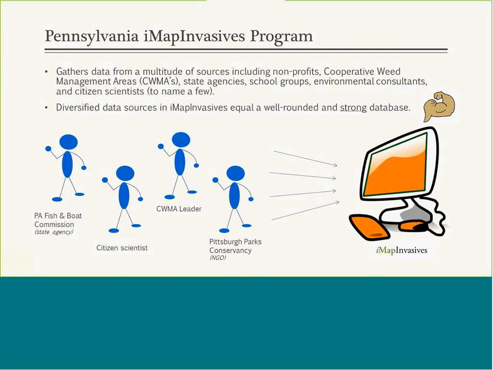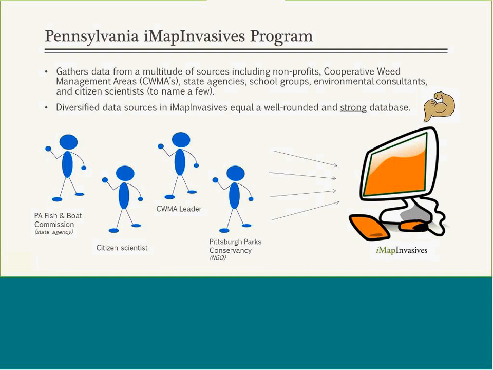When we gather information from multiple sources and put it all into one place, the sources are coming from different places: nonprofit organizations, cooperative weed management areas, which we have a few of here in Pennsylvania, state agencies, school groups, consultants, and citizen scientists.